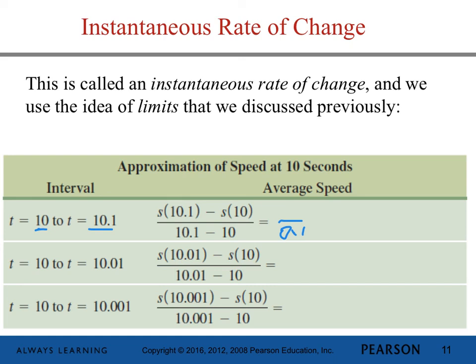And if you use your calculator, since S of t is 3t squared, S of 10.1 is 3 times 10.1 squared.